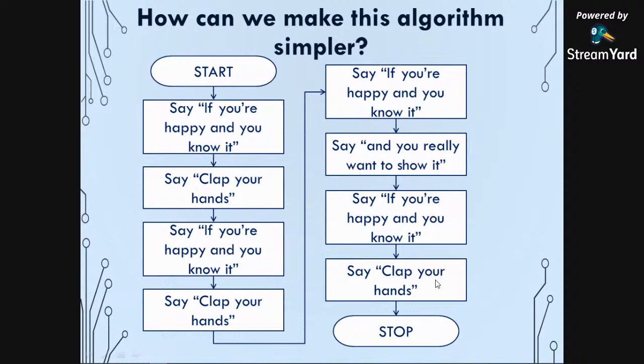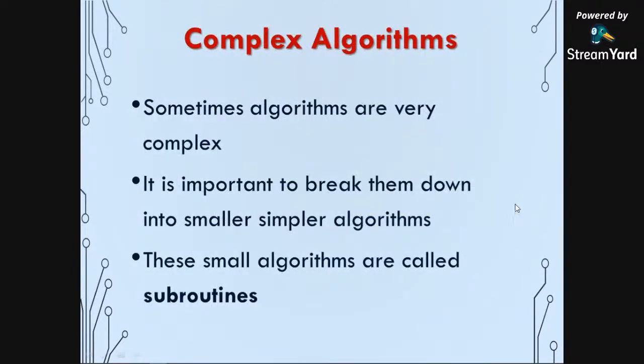So obviously this is the song If You're Happy and You Know It, and I'm sure a lot of you are singing along at home now. How can we make this simpler? There's a lot of boxes here, and there's a lot of things that are just happening over and over again. So the way we can do this is, obviously this isn't that complex an algorithm, but it's still an algorithm. Okay.